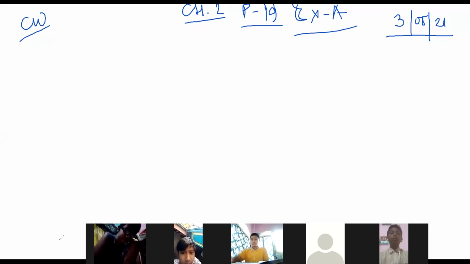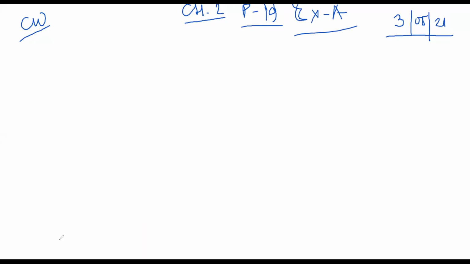First is 11. We start with 11A, which says verify the properties. So we will take out those answers independently. What will be the answer?